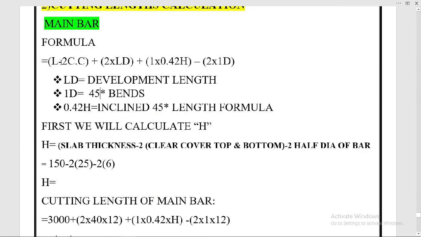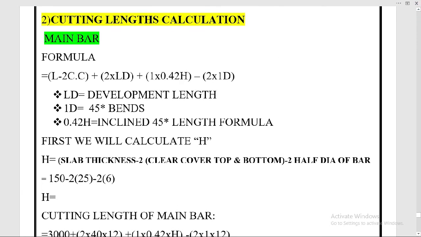To put the values in this formula to get the cutting length of the main bar, first we will determine this H. So H formula is slab thickness minus 2 clear cover from the top and the bottom minus 2 half dia of bar. Here I want to show you in the section how this formula is used to calculate the H.